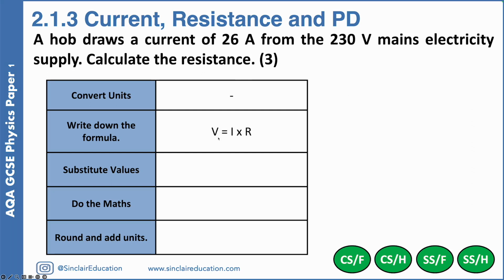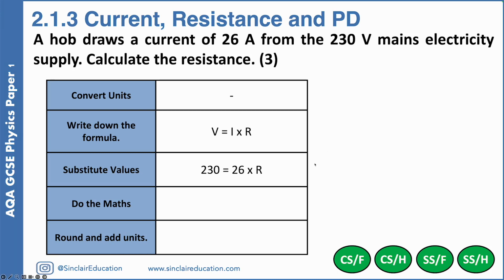We'll write down our equation, so V equals IR. Now even though we're finding resistance, we're going to substitute. So here my voltage is 230, which is equal to our current of 26 times resistance. So it's equation, then substitute. Only after that rearrange. The reason is it makes your marks more secure.